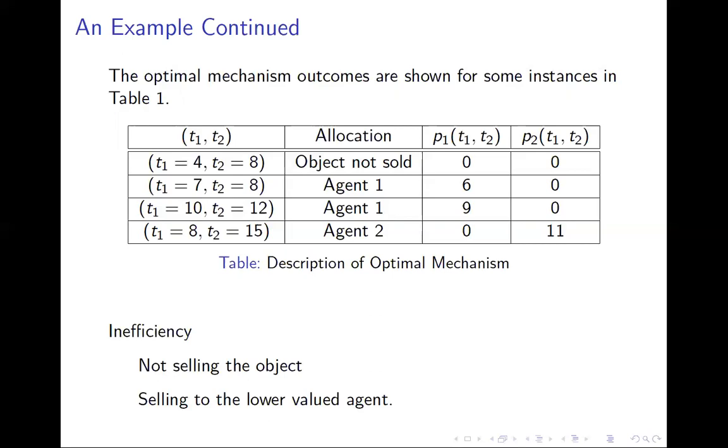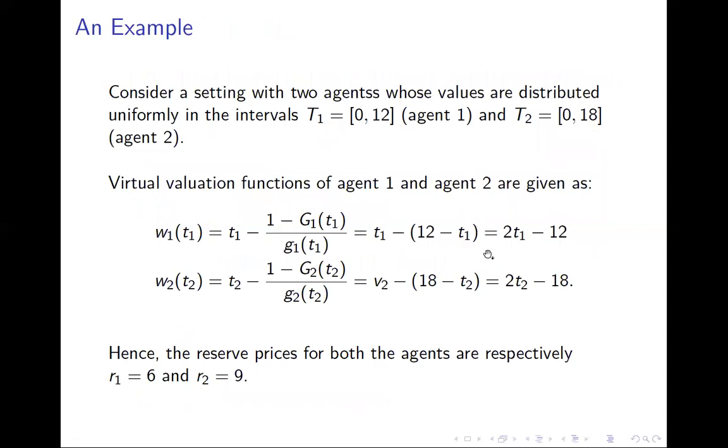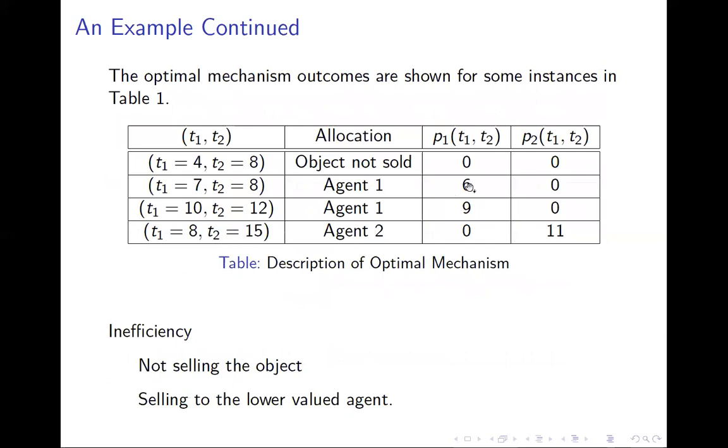What is the infimum type at which she starts winning? Well, she just needs to have positive virtual value. And the first point at which she has non-negative virtual value is 6. So her payment in this case is 6. Okay, and loser doesn't pay anything.